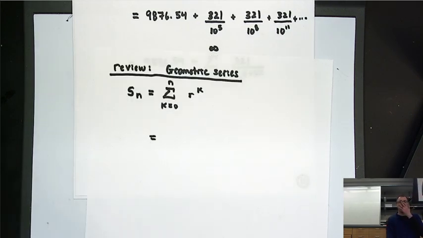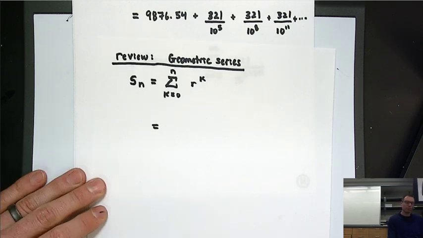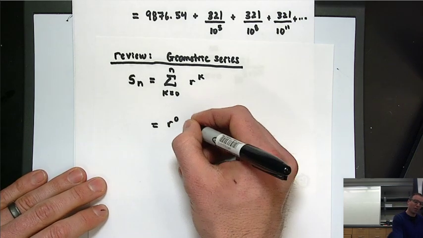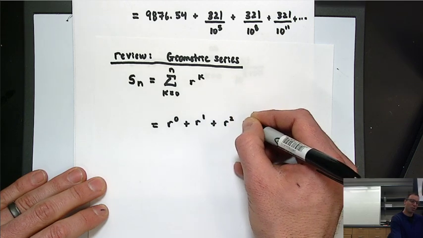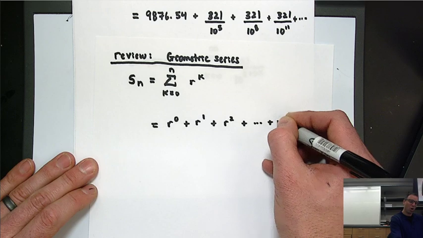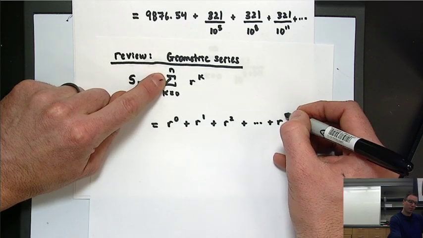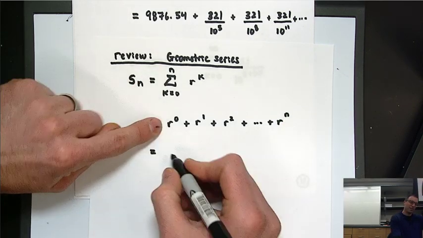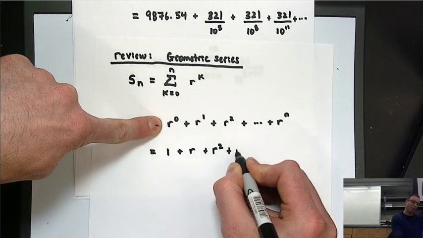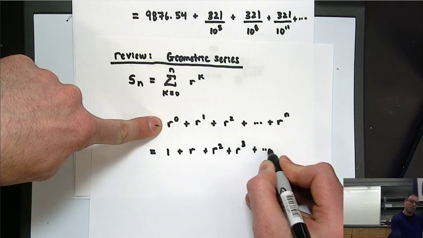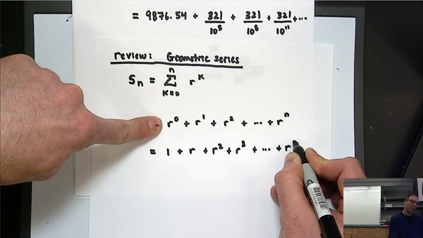So just write out what that sum is, please. r to the 0 plus r to the 1 plus r squared plus all the way to r to the n. What's another way to write that? 1 plus r plus r squared plus r cubed plus dot dot dot plus r to the n.